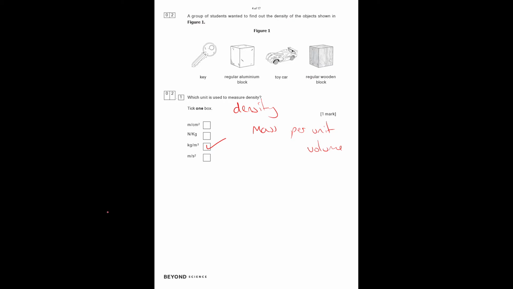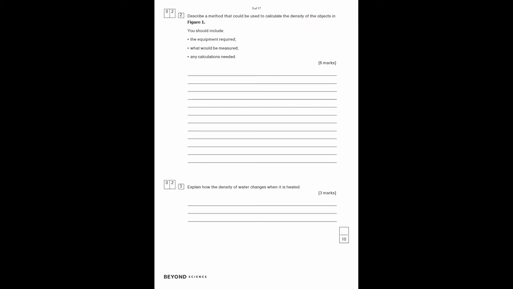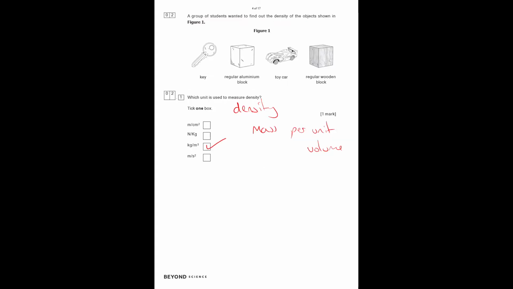Now, I always start, when I have to plan an investigation, with the idea of what's my goal here? Well, my goal was to describe a method that could be used to calculate the density. I know, because I've learnt this equation, that the density of something is equal to its mass divided by its volume.